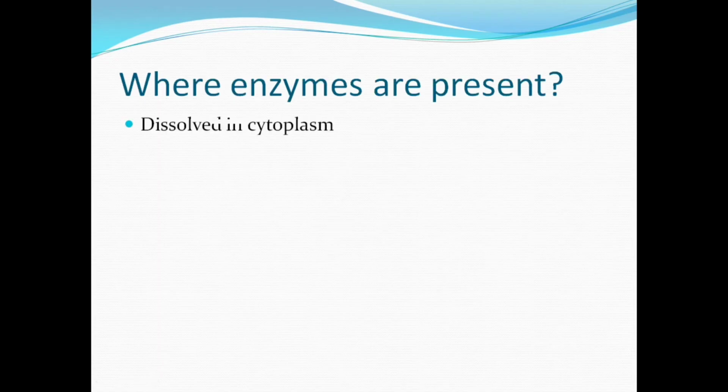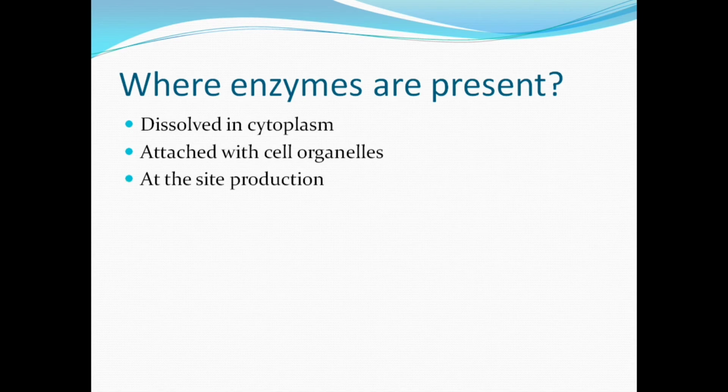Now we talk about where these enzymes are present in the body or in a cell. They may be dissolved in the cytoplasm. For example, enzymes for the metabolic activity of living organisms, which are used for their reproduction, are present in the cytoplasm. They may be attached to cellular organelles and may be at the site of production.